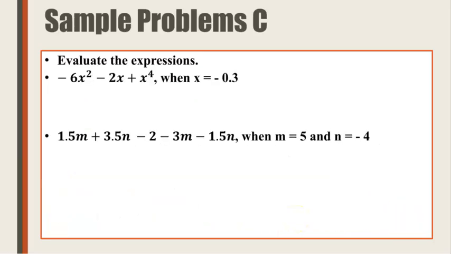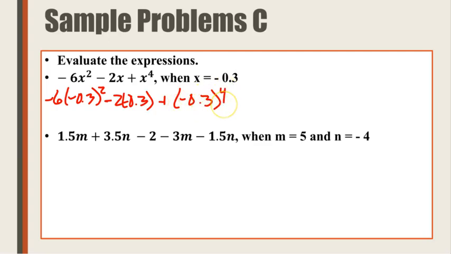And our last ones here, x is negative 0.3, so I got negative 6 times negative 0.3 squared, minus 2 times negative 0.3, plus negative 0.3 to the 4th power. And I'm going to put this on my calculator here.